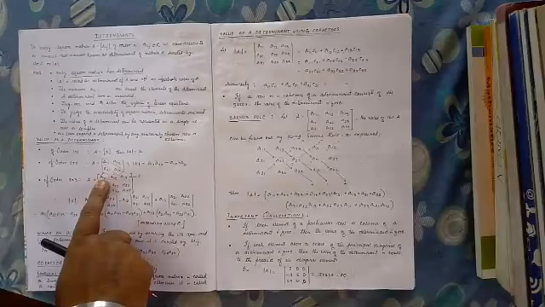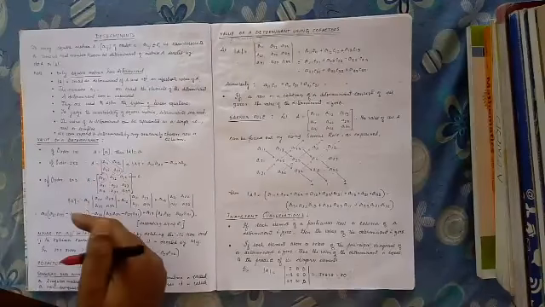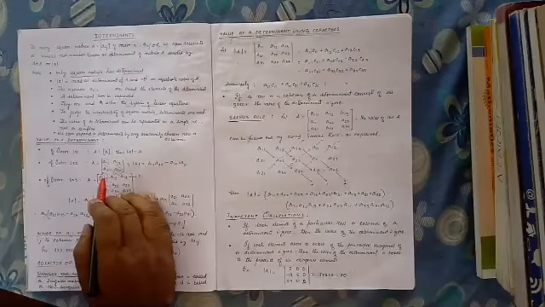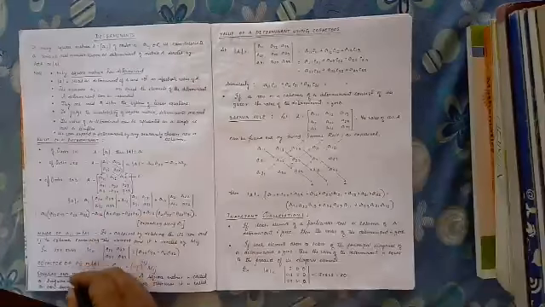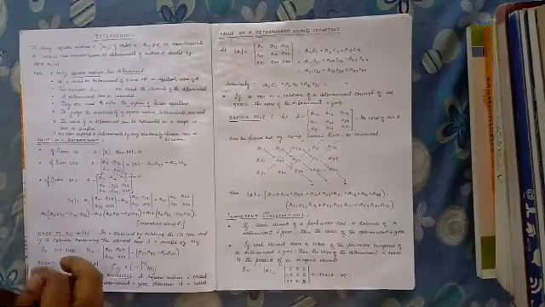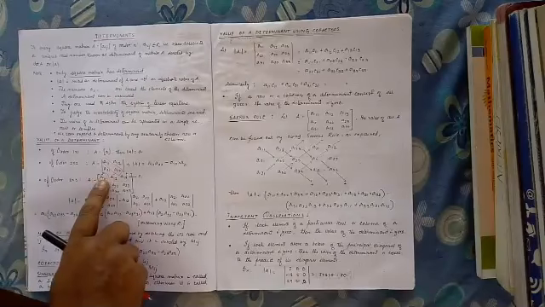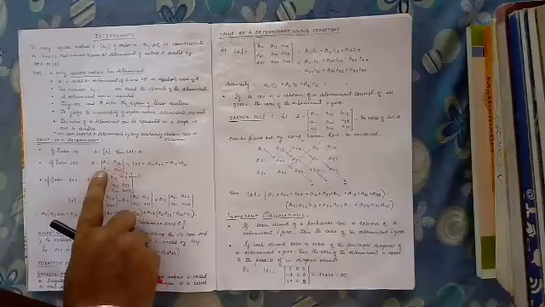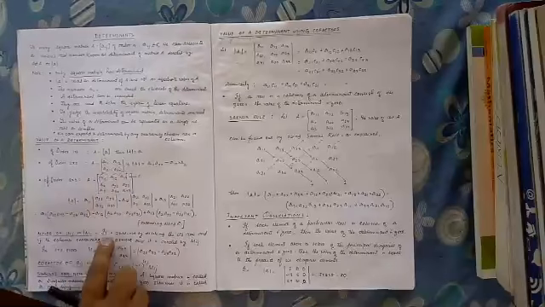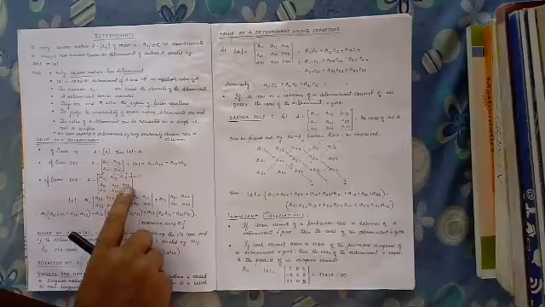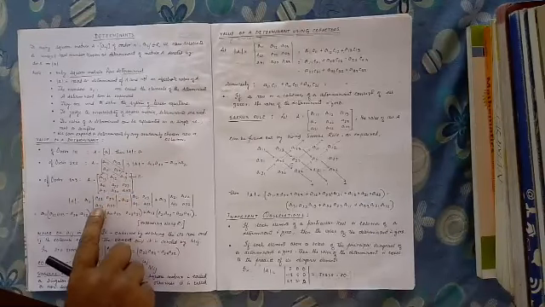So first element a11. But before that, let us choose the sign. Start with plus, minus, plus. Now a11. Now leave this row and leave this column. We will have this sub-determinant: a22, a23, a32, a33.